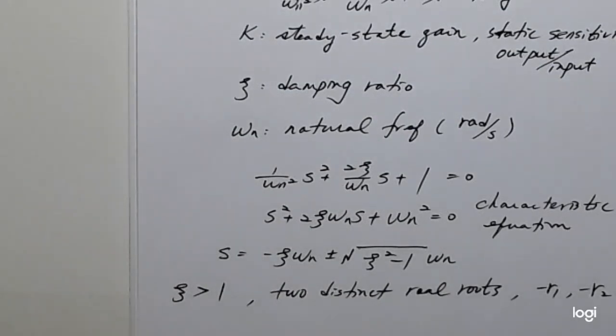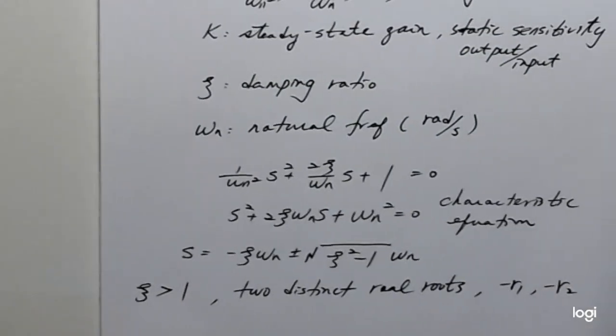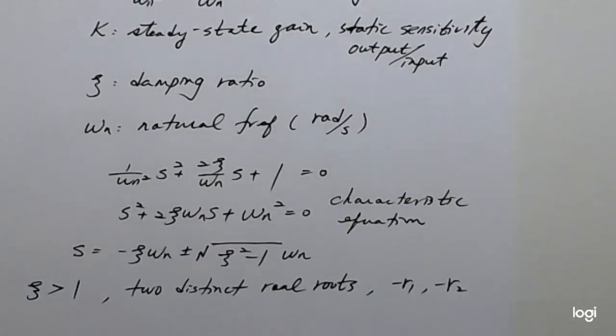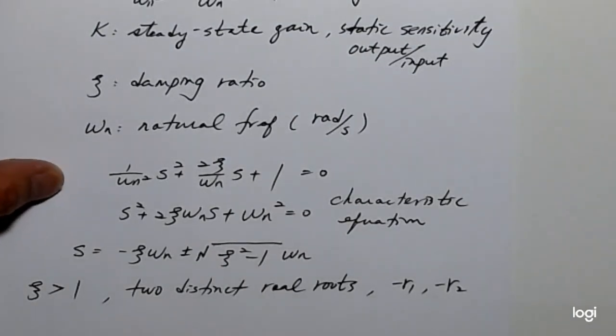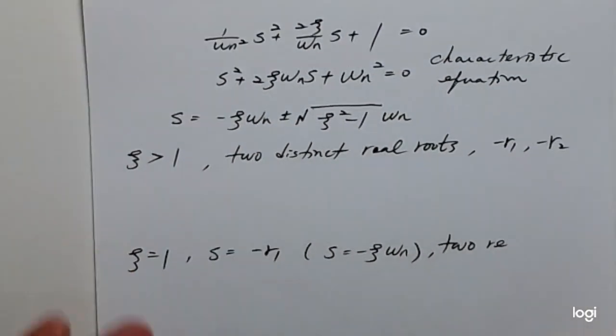So s is equal to minus r1, which in this case would be minus zeta omega n, because you have two repeated real roots.